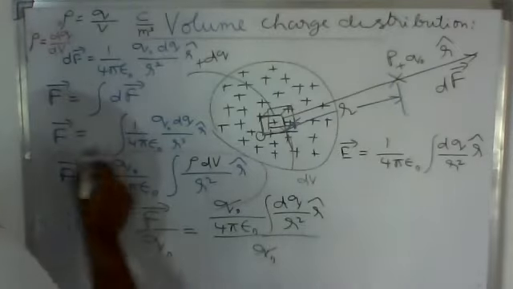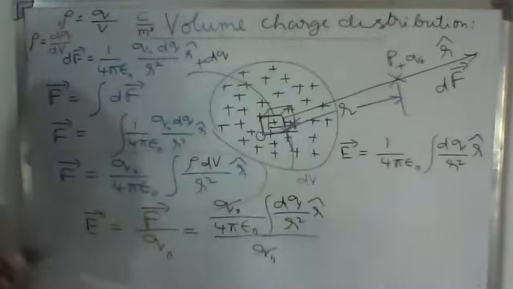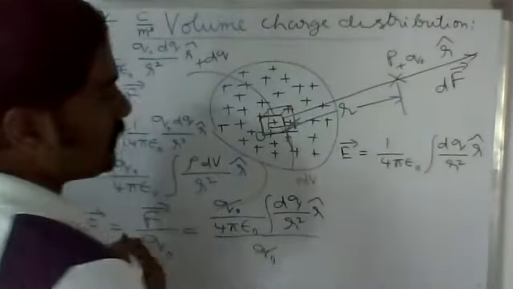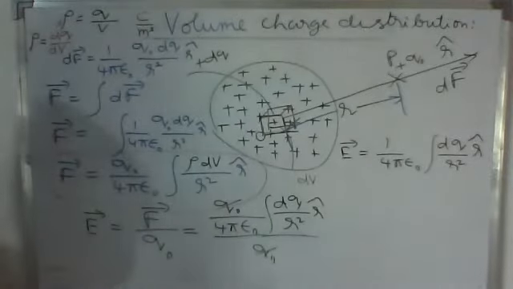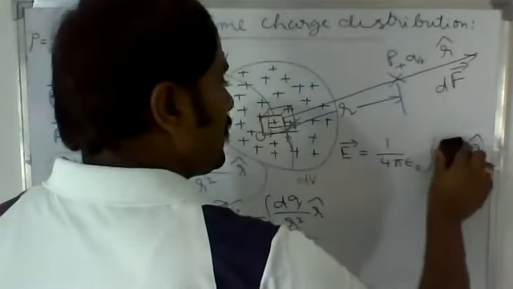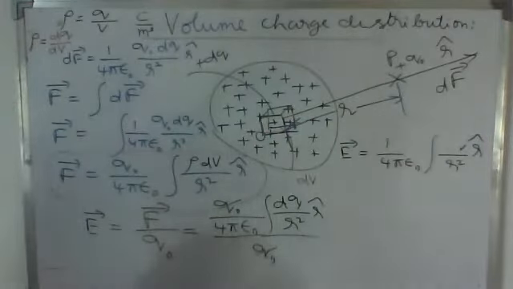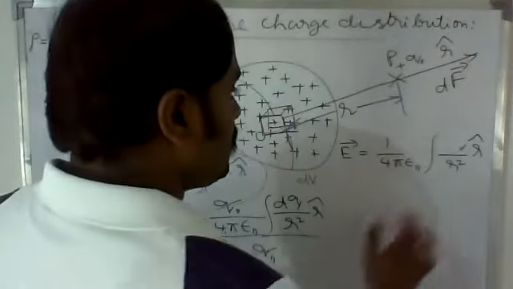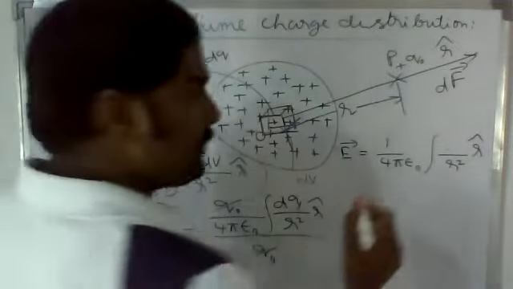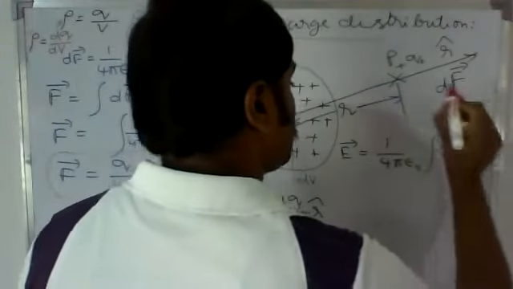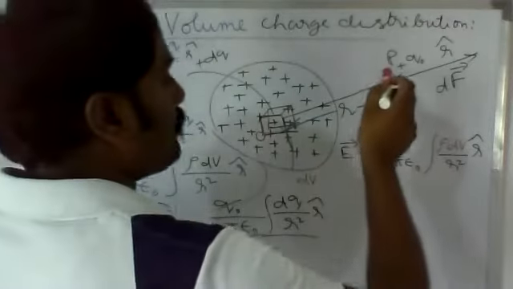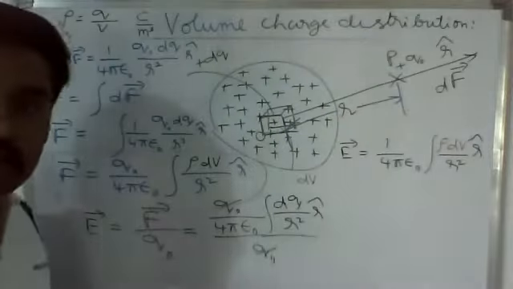This is the expression for the net force acting on plus Q naught due to the entire volume charge distribution. And the net electric field, E vector, is equal to F vector divided by Q naught. So instead of dq, we write rho into dV. This is the expression for the resultant electric intensity at a point near the volume charge distribution.